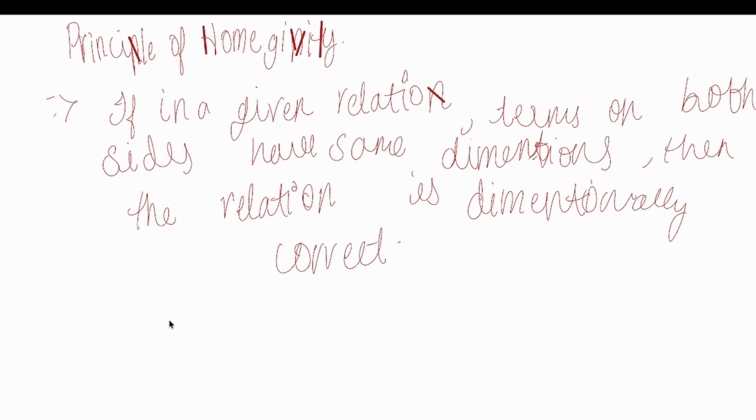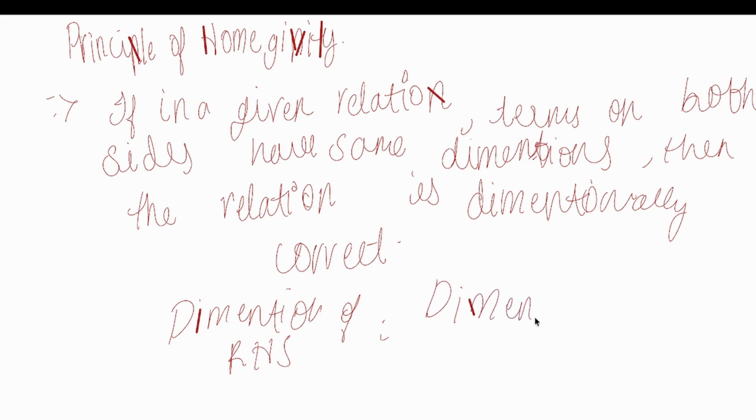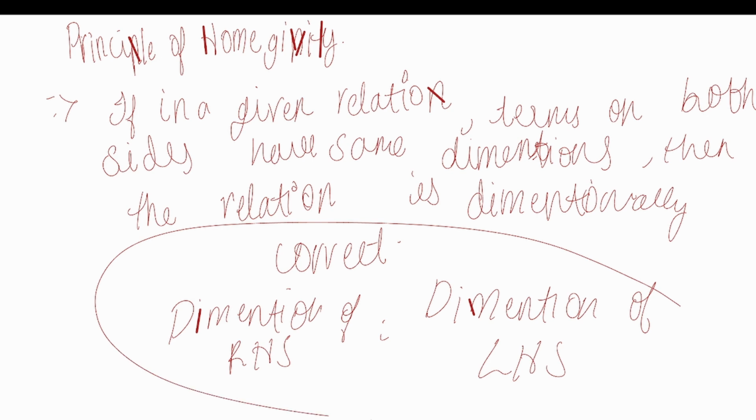What does that mean? If the dimension of the RHS is equal to the dimension of the LHS, we say the relation is dimensionally correct.